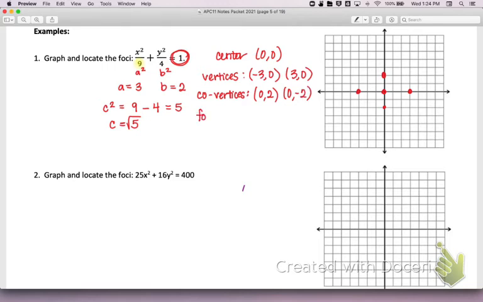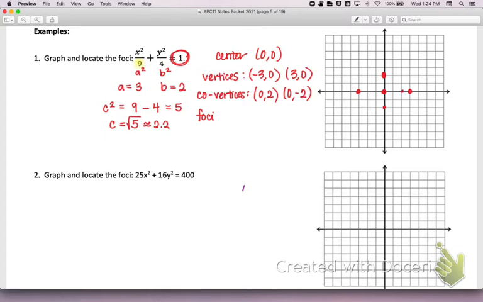Then we need to locate the foci, which we're also going to graph. The square root of 5 is about 2.2, okay? So that's the approximate value of the square root of 5. That helps us know where to graph it. The foci always go along the longer axis, the major axis.